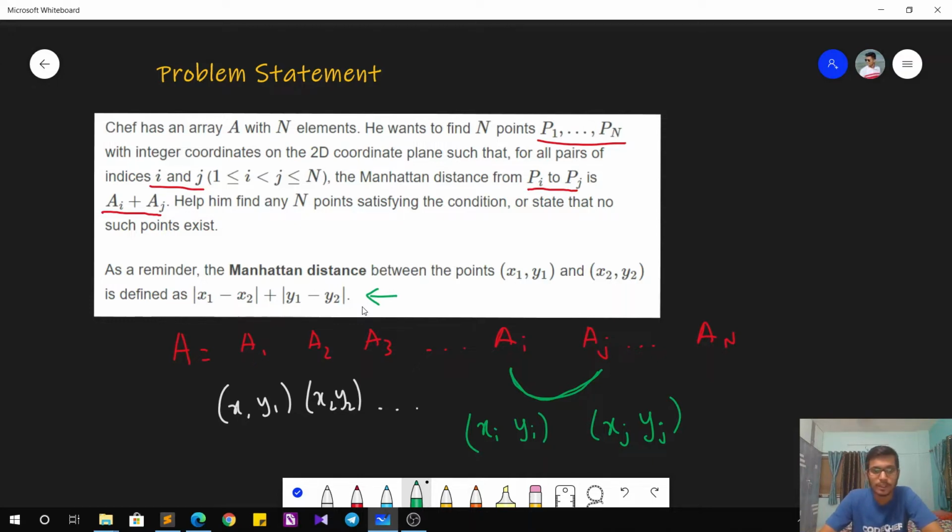The sum of that should be exactly equal to ai plus aj, the ith element in the array plus the jth element in the array.